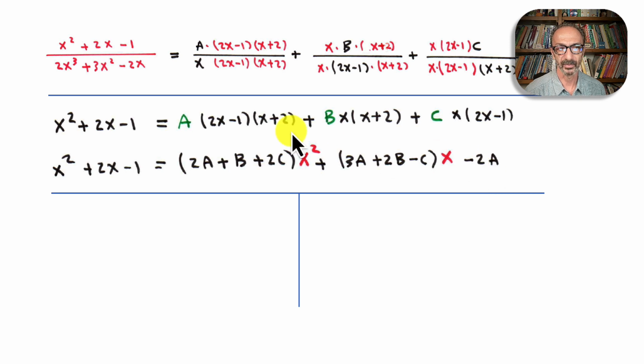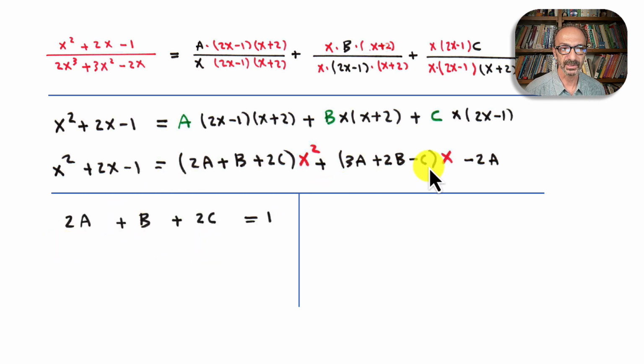It's going to come from the first one right here. This will have an x, this will have an x, but when you multiply 2 times -1, that's -2 times a, which shows at the end. Now, the coefficient for x to the second is 1. The coefficient for x to the second is this right here. That will be the first equation.